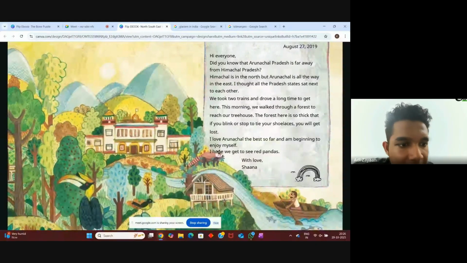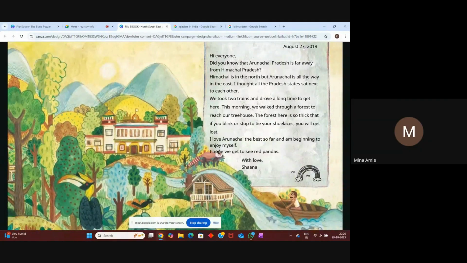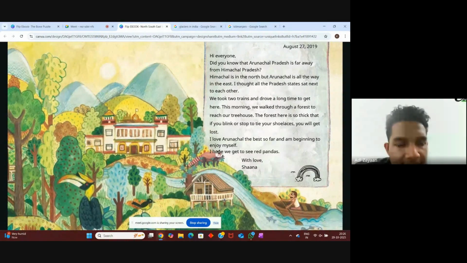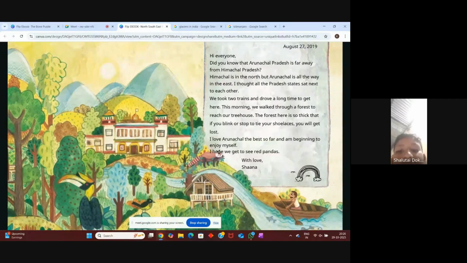I'll ask someone to read that part. Mina, the one who is raising her hand, can you read from that part?